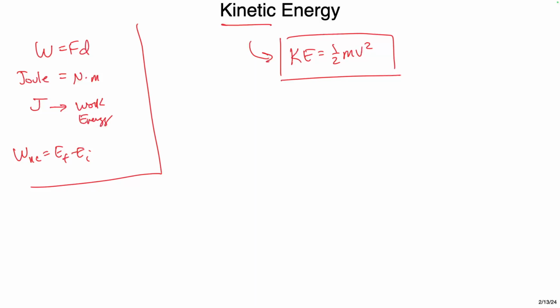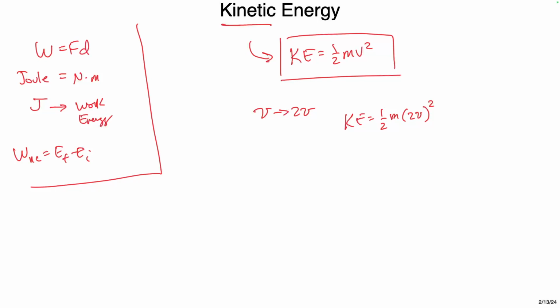Interestingly here, though, what happens if you double the speed of an object? If your car is going 10 miles an hour, but then you speed it up to go 20 miles an hour, how much more kinetic energy does it have? If the speed goes to twice the speed, then the kinetic energy is equal to 1/2 times m times (2v) squared. What happens to the 2?